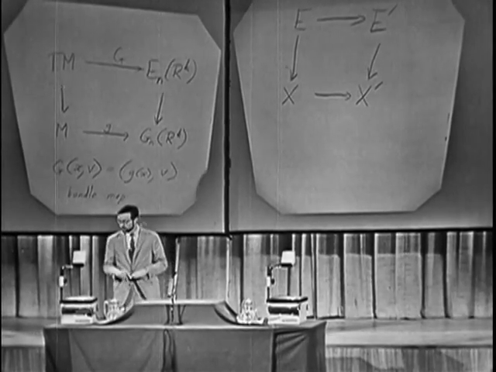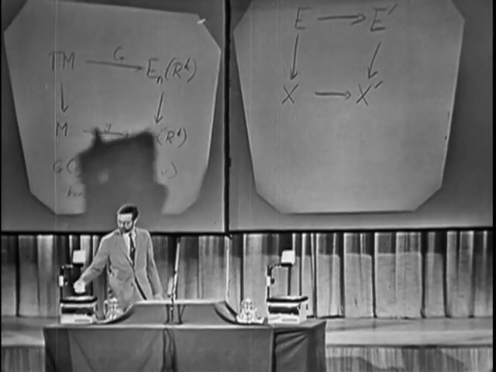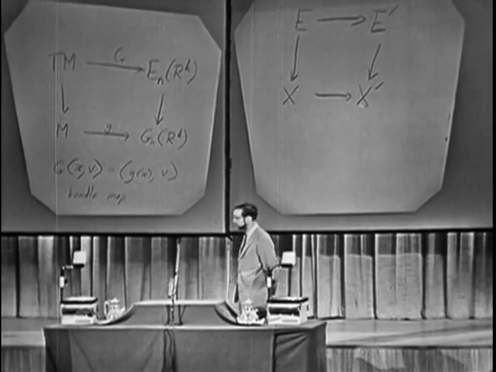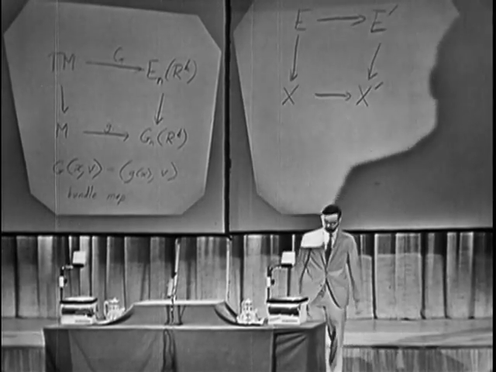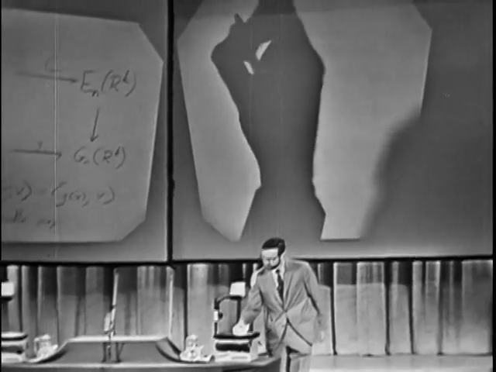And now, it turns out that this mapping G, the knowledge of this mapping G is essentially completely equivalent to knowledge of the vector bundle. That is, one has the following classification theorem.